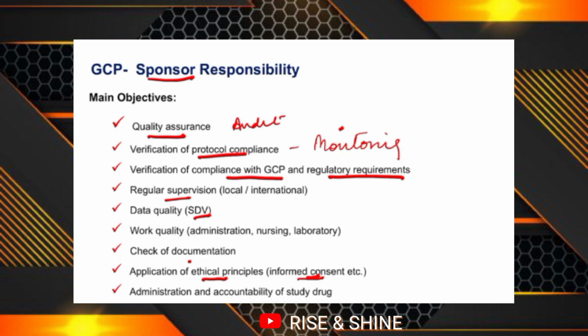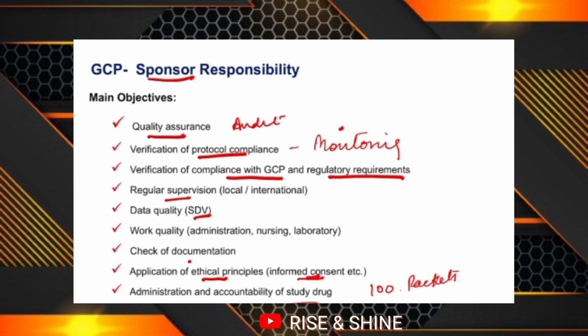Administration and accountability of study drug. Suppose they have shipped 100 packets, and the site has used only 70, only 70 participants. Where are the rest of the 30? The site has to send these 30 packets back to the sponsor, or they have to show a proof of destruction as agreed upon.